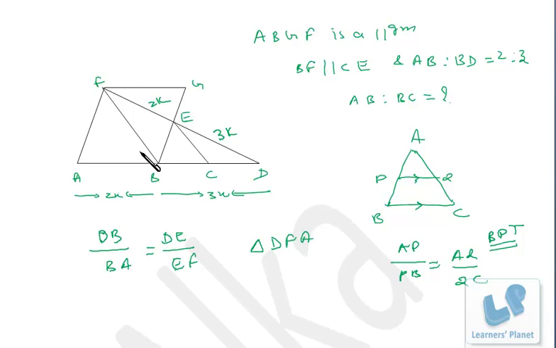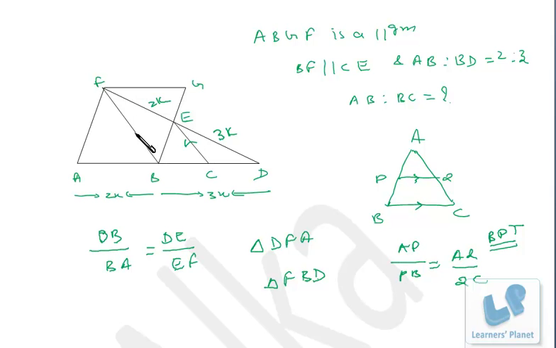Now bring your concentration over here. Now triangle FBD, right? Here also EC is parallel to BF, right? So DE by EF will be equal to DC by CB. Triangle DFB, listen to me carefully. DE by EF, because this EC is parallel to FB.